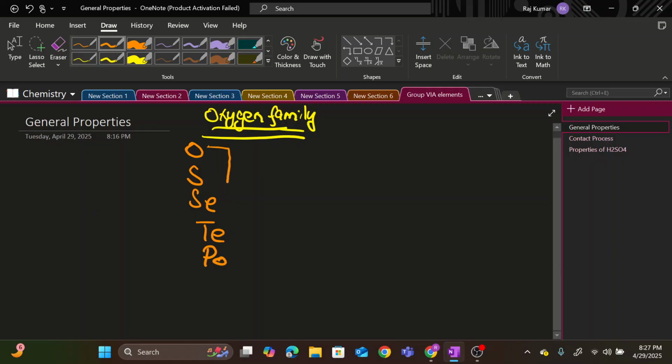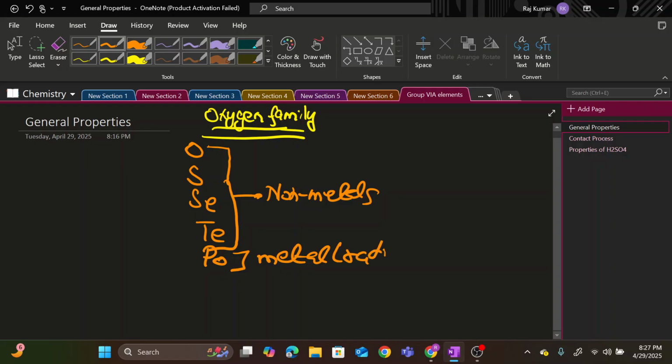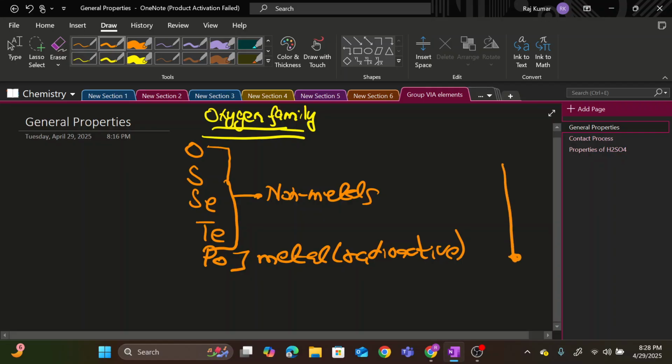Oxygen, sulfur, selenium, tellurium, all of these are non-metals. Polonium is a metal, a radioactive metal. The trend of metallicity increases downwards, and the trend of atomic size also increases downwards.